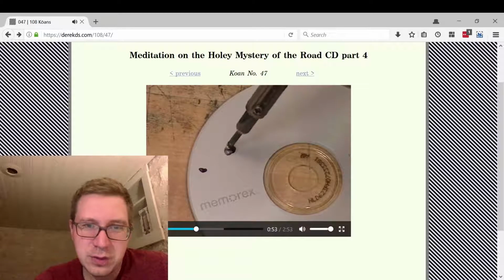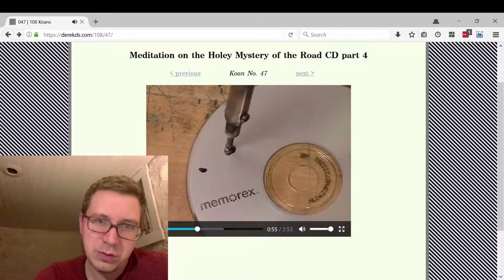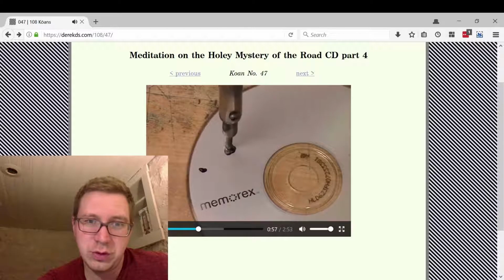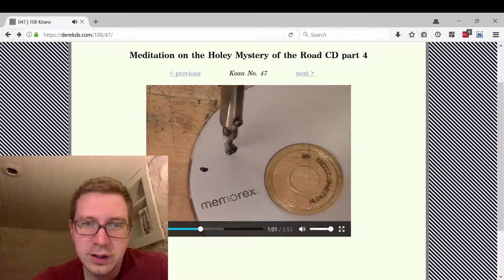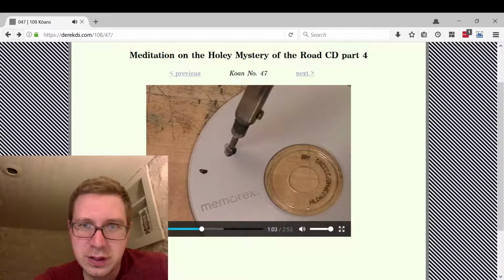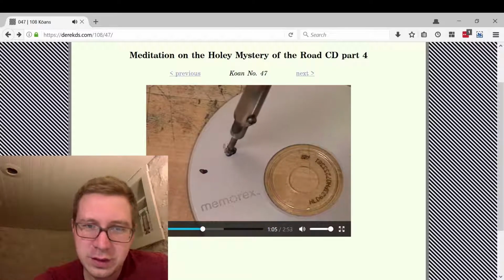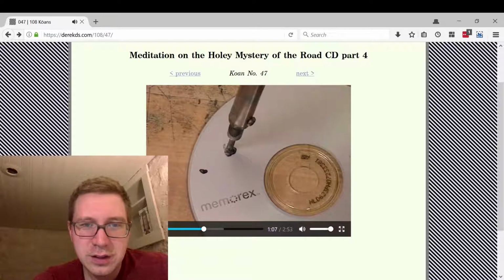And so again, in this one, similarly to the last one, I think, where I drilled the holes, I succeed in making holes, but it's obviously not the way that those holes were actually made.